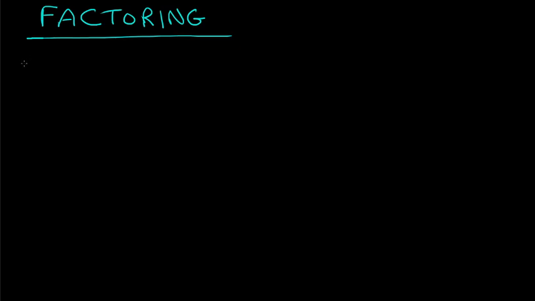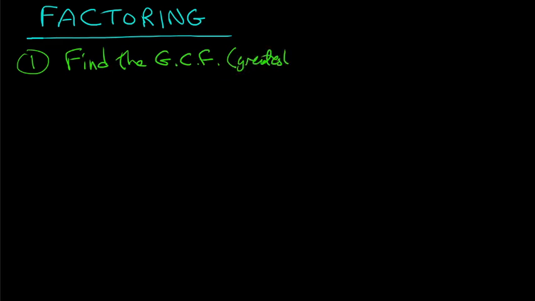right? So the first thing you should always do when factoring is find the GCF. That's the greatest common factor. Right, so that was the first thing we did in this chapter, right? And so there's two possibilities.